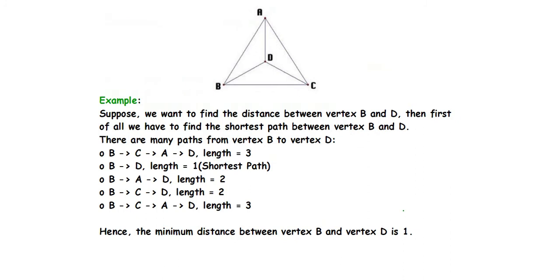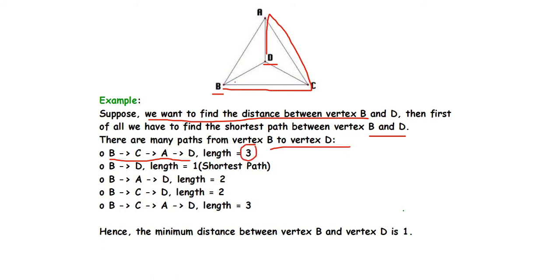I'll explain with an example. Suppose you want to find the distance between vertices B and D. First of all, we have to find the shortest path between B and D. There are many paths from B to D. First is B, C, A and D: we traverse B to C, C to A and A to D, which is a length of 3.